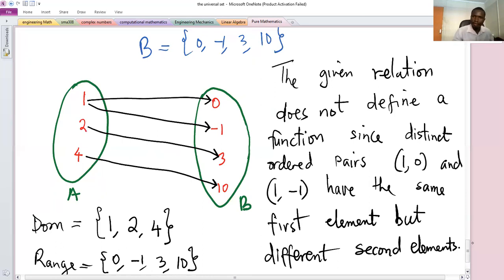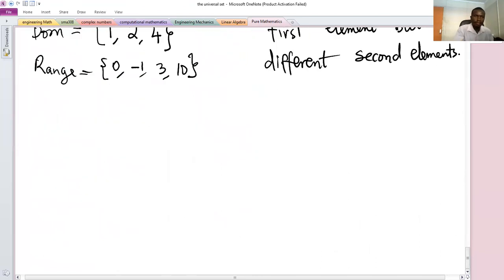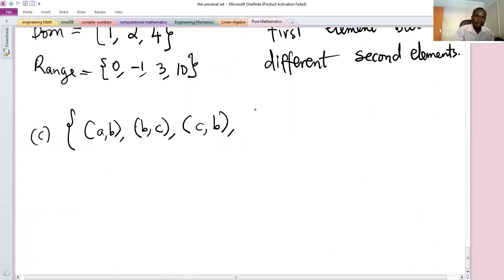And then part C, we have the relation (A, B), (B, C), (C, B), and then (D, C).